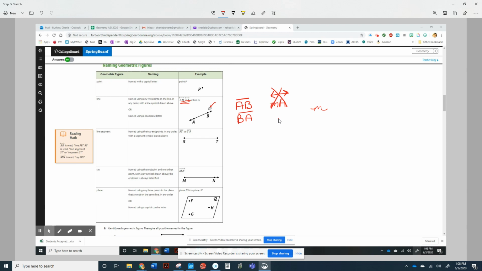So a lowercase letter, as long as it's italicized or in cursive, in script, that's the way we talk about it. If we don't say italicized, we say it's a script lowercase letter. So you might want to add that right there. Script, S-C-R.